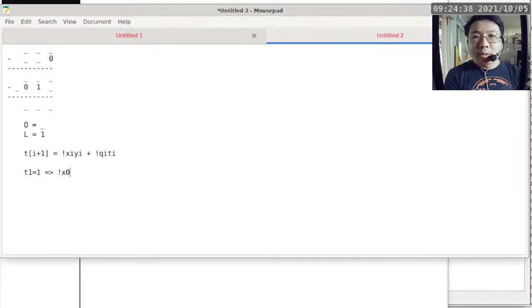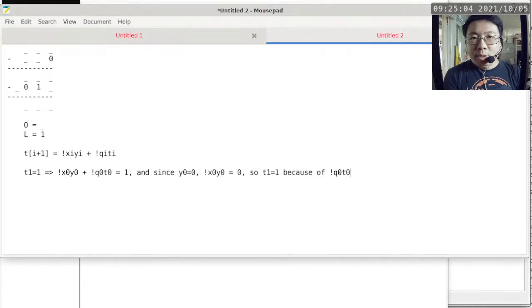So not x0 y0 or not q0 t0 is going to be a 1. And since y0 is a 0, not x0 y0 is going to be a 0. So T1 is a 1 because of not q0 t0, which implies not q0 t0 is a 1, which then further implies q0 is a 0 and t0 is a 1.